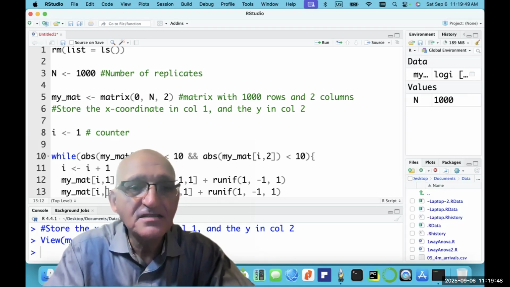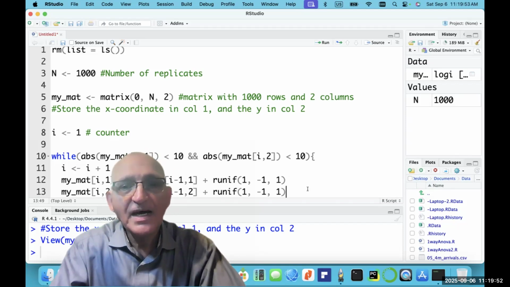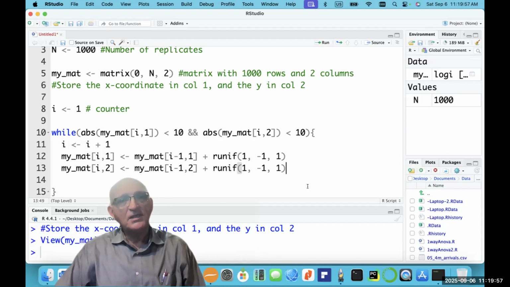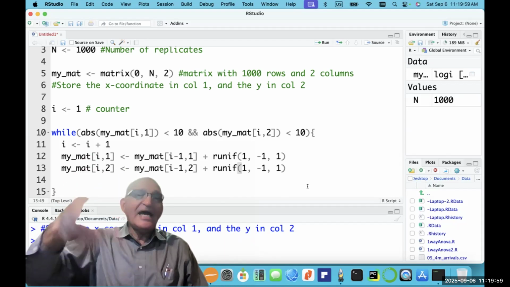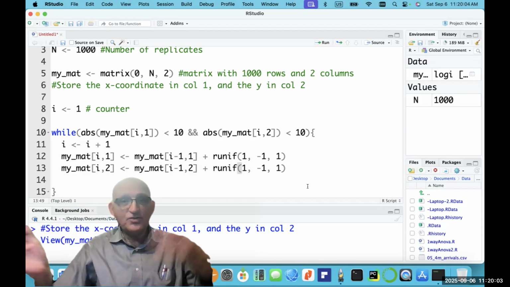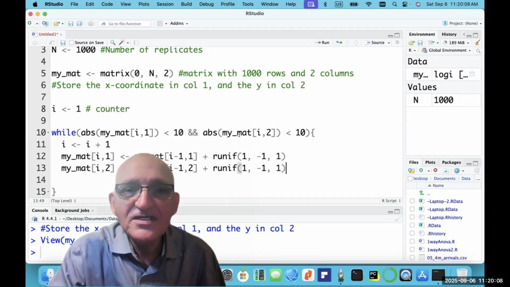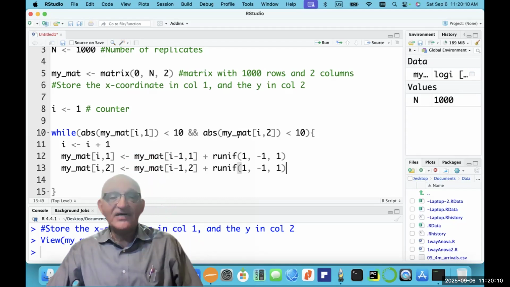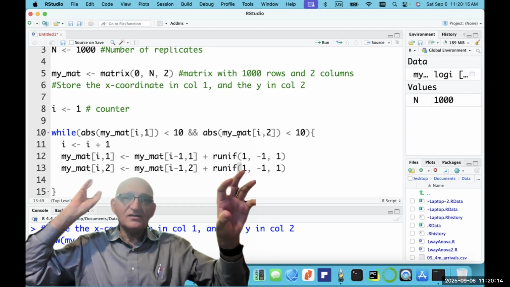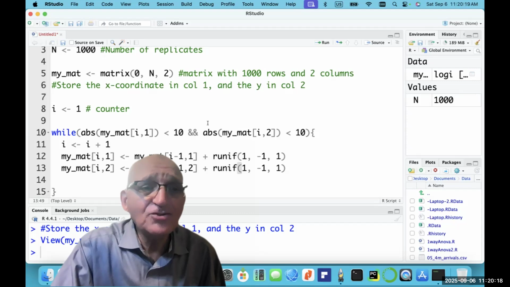That's all I need instead of typing the whole thing. I'm done. That's it. Do you believe it? This is all I want. It is going to add a uniformly distributed point between -1 and 1 until one of these two conditions is not satisfied. Notice I said and. Both of them have to be less than 10. If one is not, if one stepped outside, I'm going to stop. So what do I do after that?